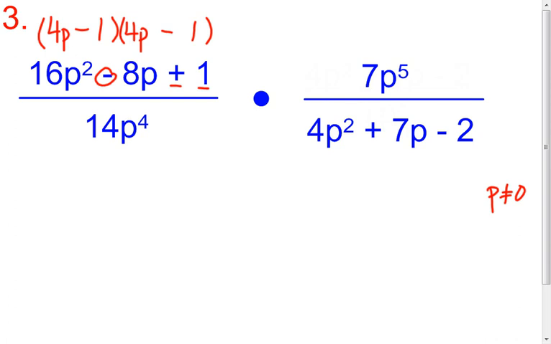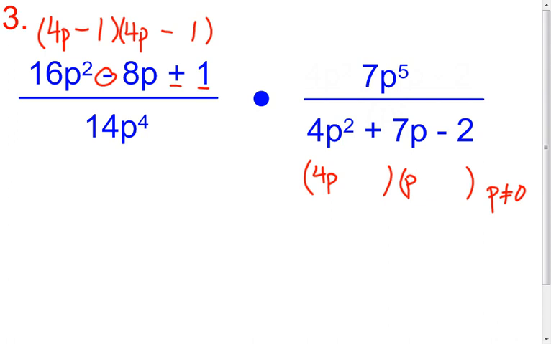The bottom left corner there, the 14p to the 4th, is not going to factor. The top right, 7p to the 5th, will not factor either. But the bottom right will. And so I can factor that 4p squared as either 2p and 2p or 4p and 1p. And it will factor as 4p and 1p.